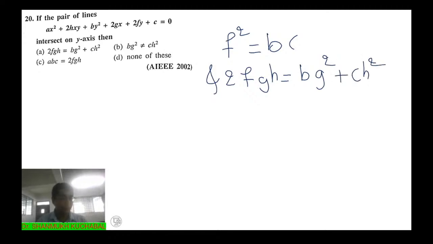These notes we have discussed. Here the first one, f square, we don't find. The second one, this equation, we get in option A. Therefore, option A is the right answer.